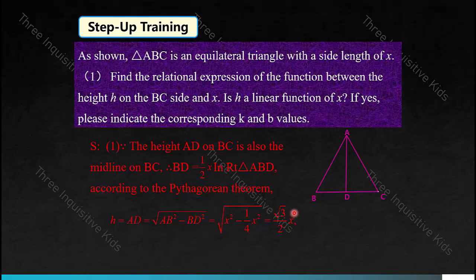Solved, h is equal to square root of 3 over 2 x. So this is the final solution. h is a linear function of x, k is equal to the square root of 3 over 2, and b is equal to 0.